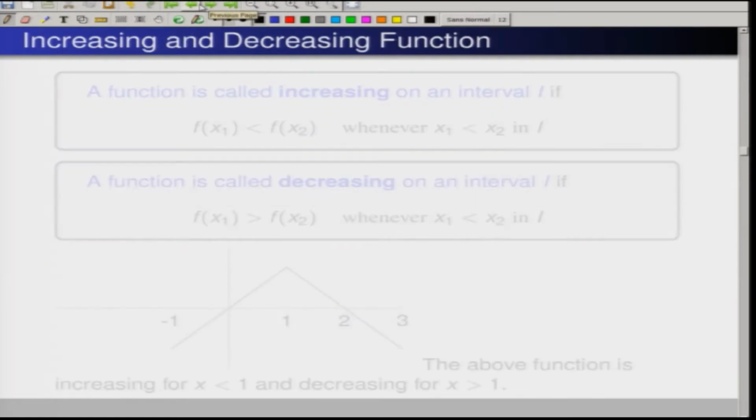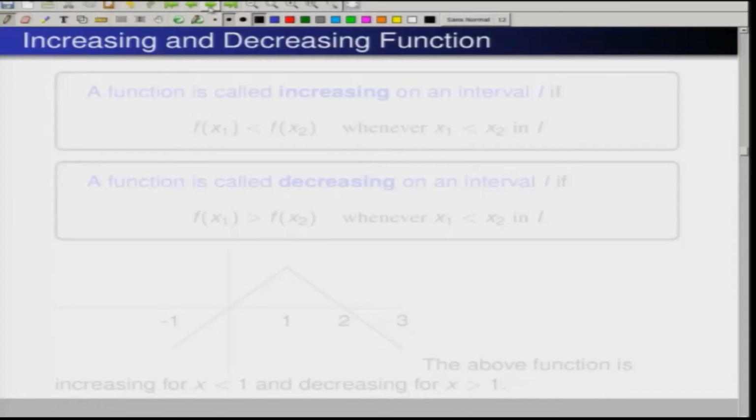Now, another important thing to know about functions, which will be very useful, is increasing and decreasing functions. So, what is an increasing function?